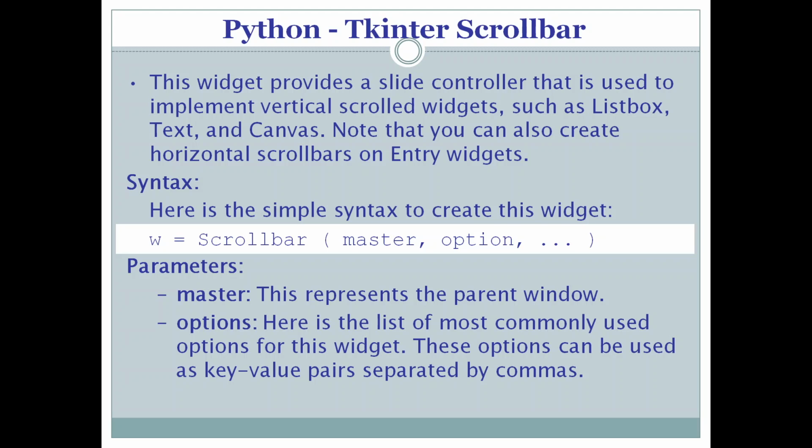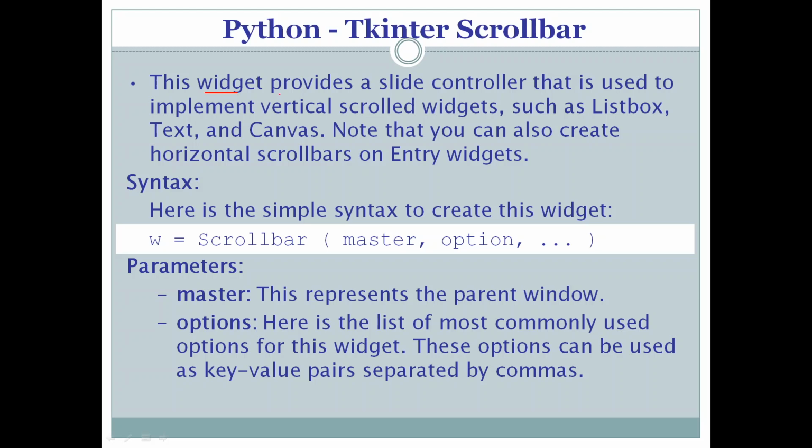If you create multiple pages, you cannot view all the pages at the same time. If you want to view one page, you need to scroll up or scroll down, or sometimes even scroll to the left or right. That is, horizontal scrolling is required. Such type of scroll can be created by using the tkinter scroll bar widget.